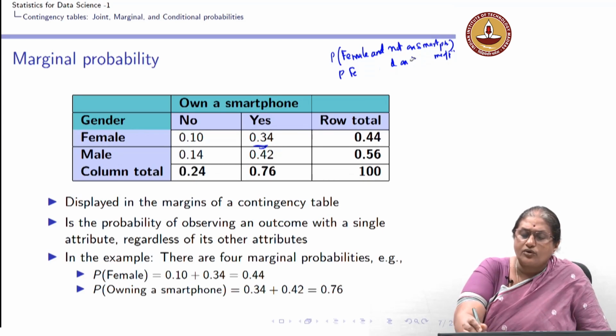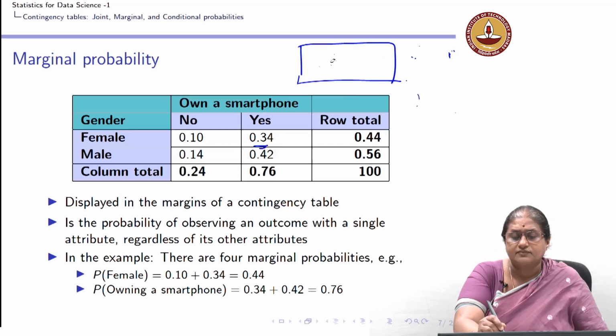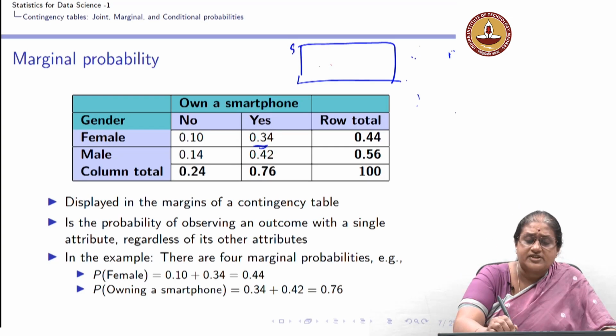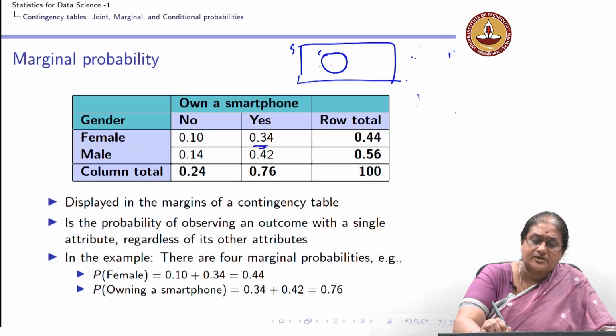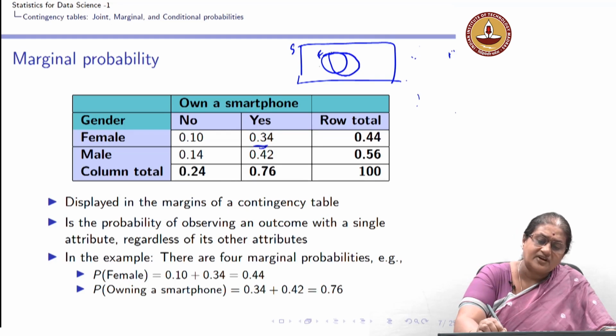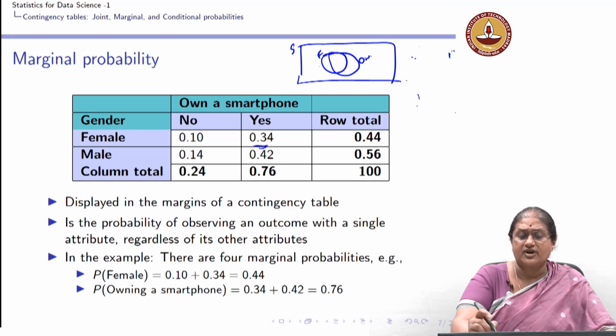If I want to know the chance that you are a female, let us understand this using a Venn diagram. This is my sample space, this is my event of a person being a female. Let me have this as an event of owning a smartphone.